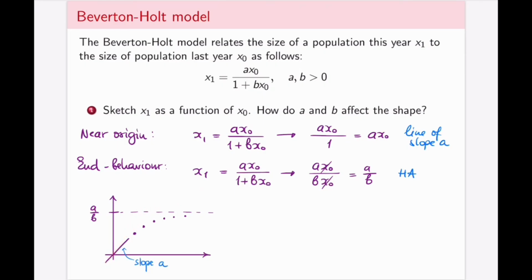If I fix a and increase the value of b, this does not at all affect near-origin behavior, but this will affect the horizontal asymptote. For fixed a, if b is higher, that means I'll be dividing by a larger number, which means the overall fraction will be lower. So a higher value of b means a lower plateau level for the population. Now, what other kinds of questions can we ask in this setup?